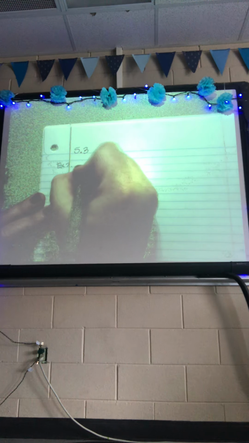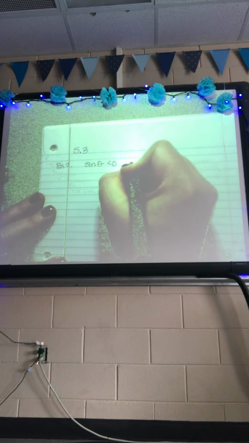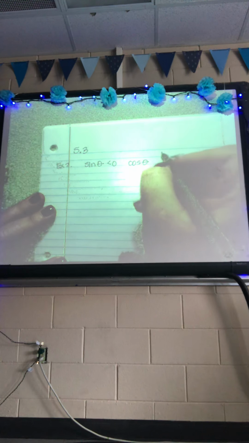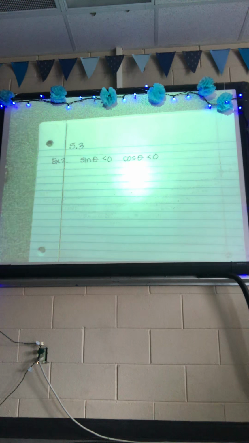So the first thing, this is example 2 in your book, is to tell me, if I tell you that the sine of theta is less than 0 and the cosine of theta is less than 0, you tell me which quadrant, 1, 2, 3, or 4, that angle is in.